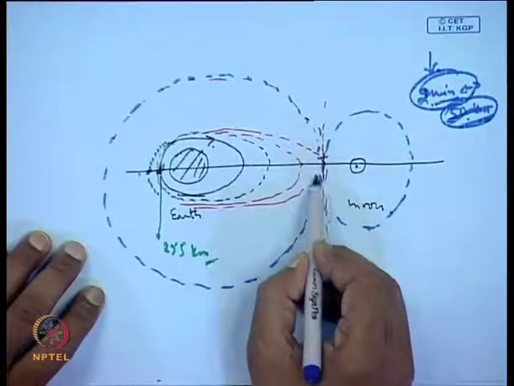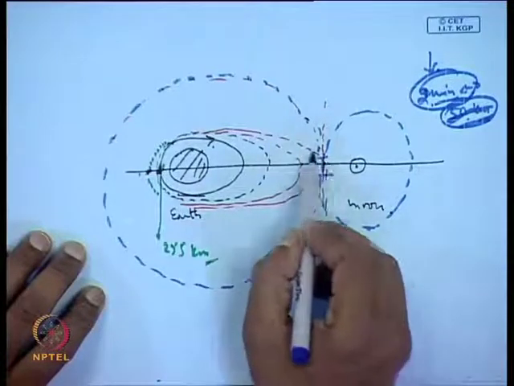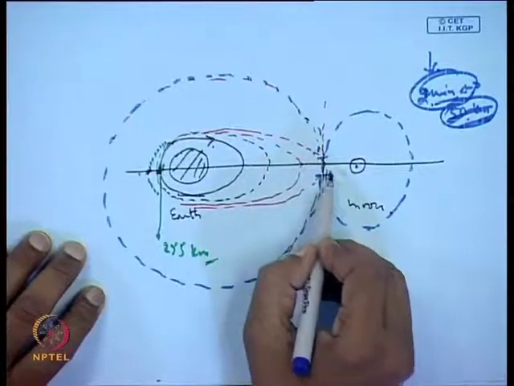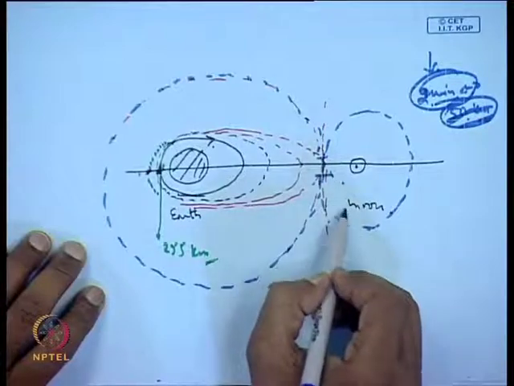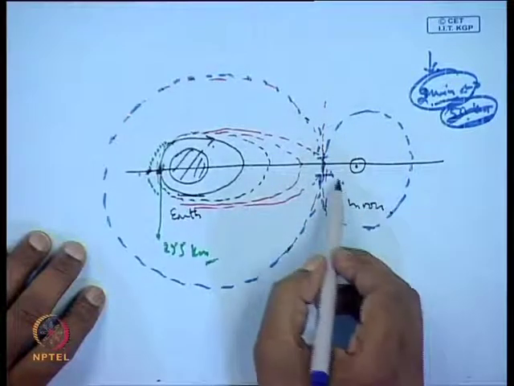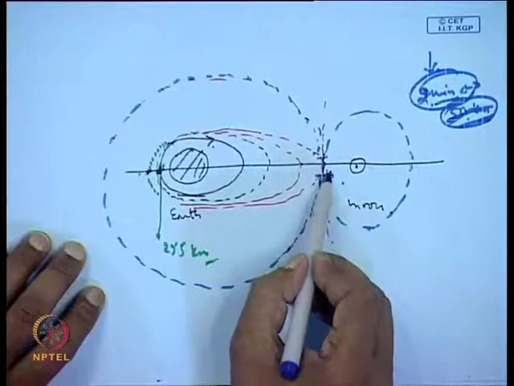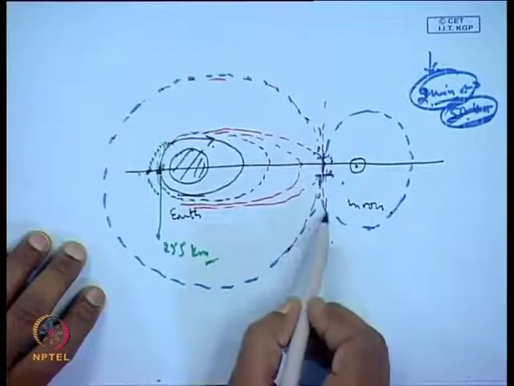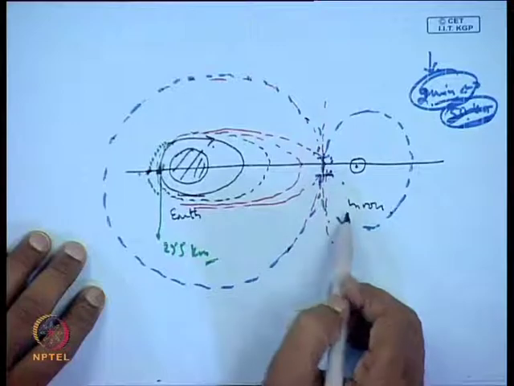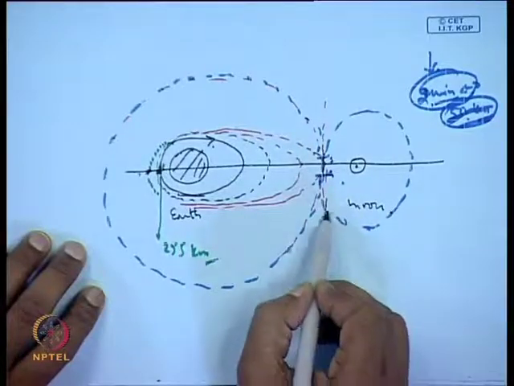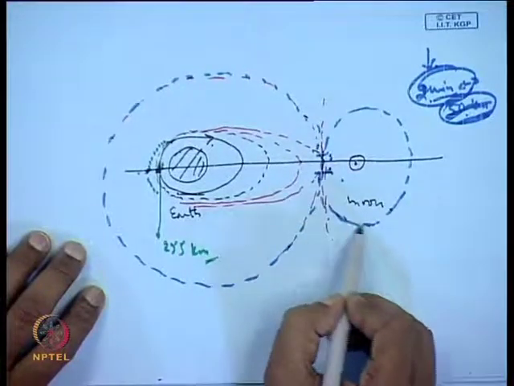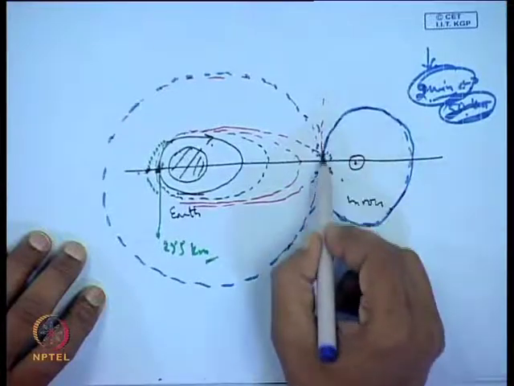During that period the satellite was to be injected into the domain of the moon, the sphere of influence of the moon. And once you are injecting the satellite into this domain, what is also required is that the velocity should not be higher. If the velocity is higher, suppose here you want to put it in this orbit.